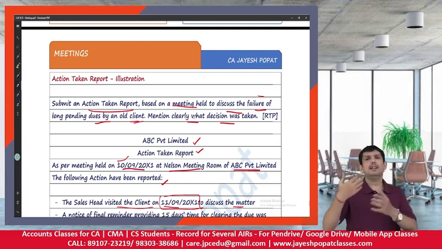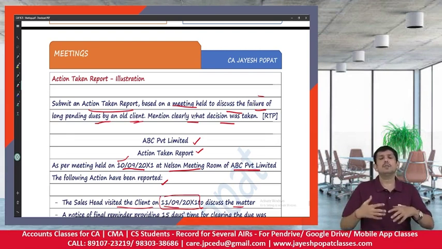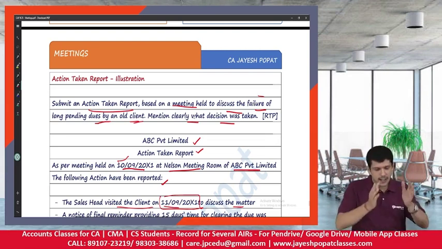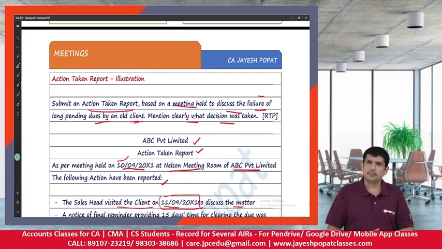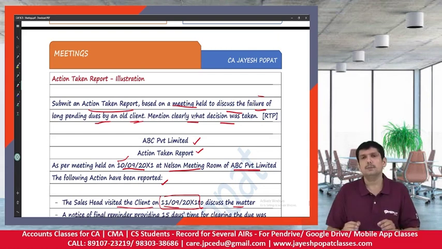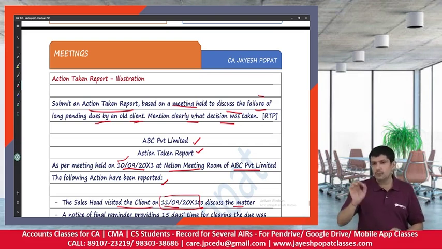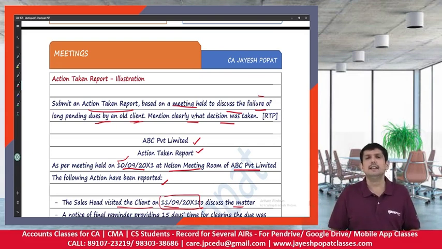You could do it on any topic: immediately after doing the minutes of the meeting, say that I want to draft the ATR for this as well, and do the ATR on this topic as well. So one promise I want from all of you is that you will revise this today itself, and you will also write the agenda, the minutes of the meeting and the ATR.